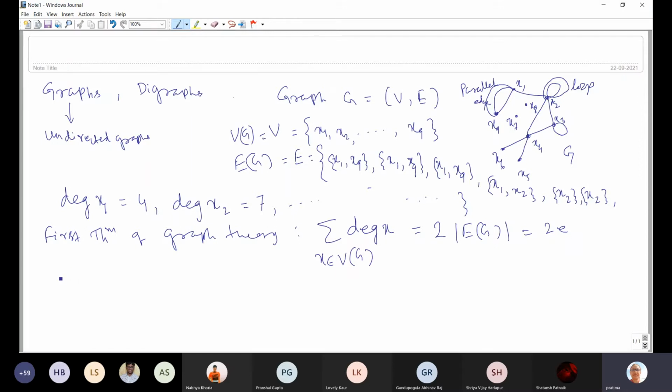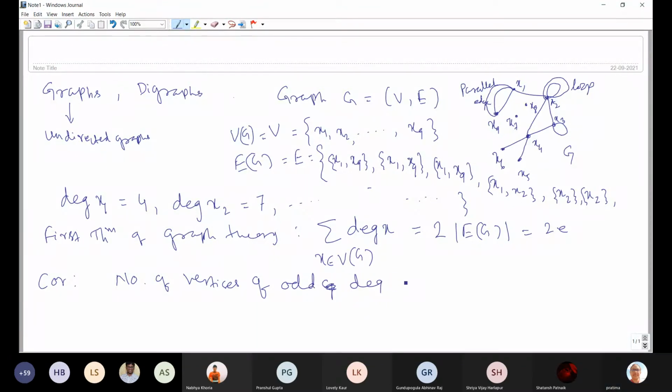So this will be a very useful theorem. We'll refer to this again and again. And as a corollary of this first theorem of graph theory, we have that the number of vertices of odd degree will be even.